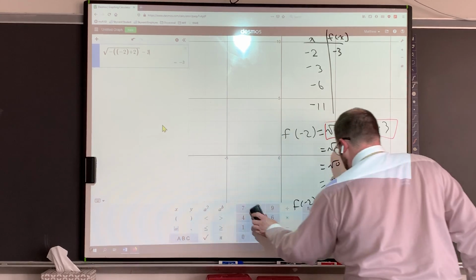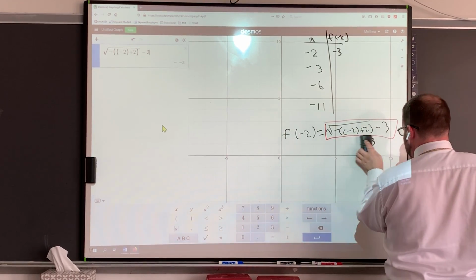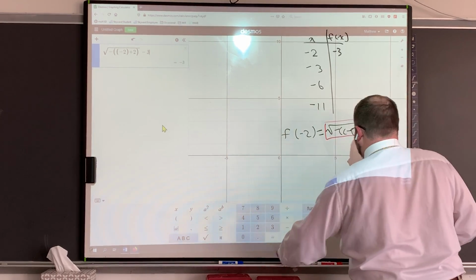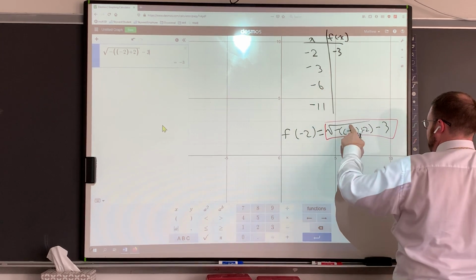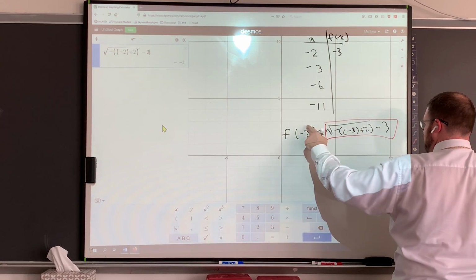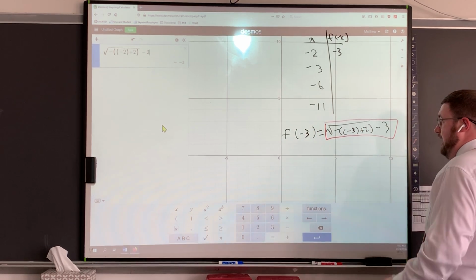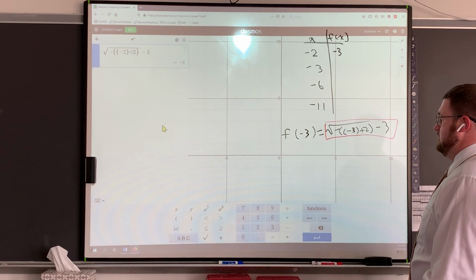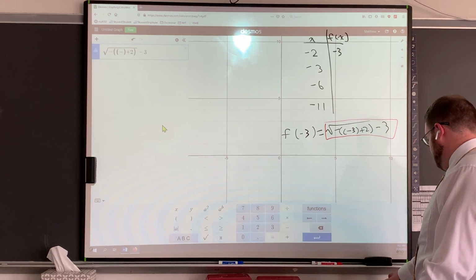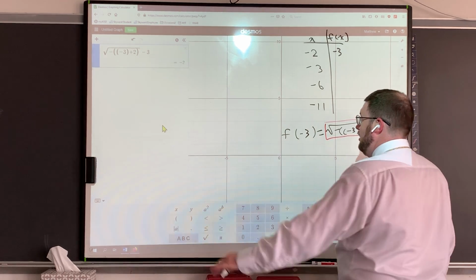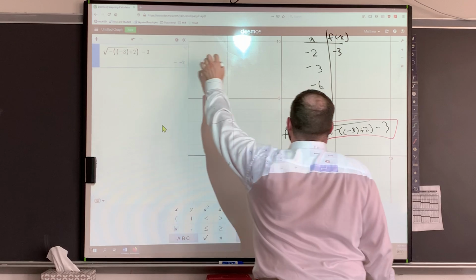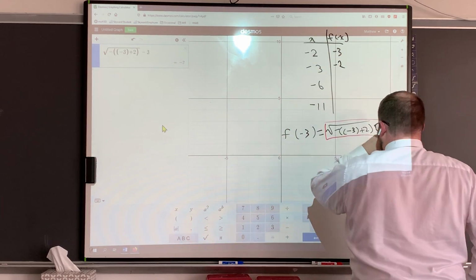I can calculate the rest of these the same way. I can plug in my input of negative 3. So this is now f of negative 3 equals that. I can go to Desmos and change the negative 2 that I have there to a negative 3. And again, you probably can't see this, but it says negative 2.